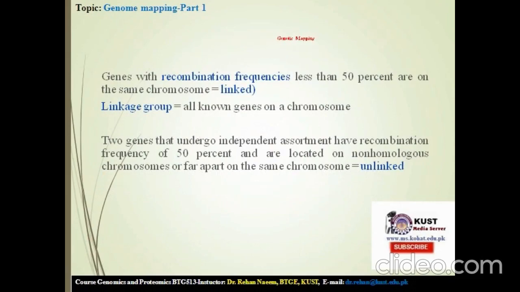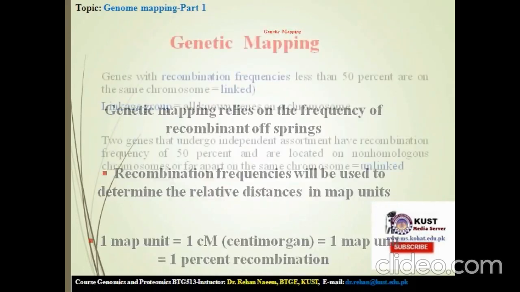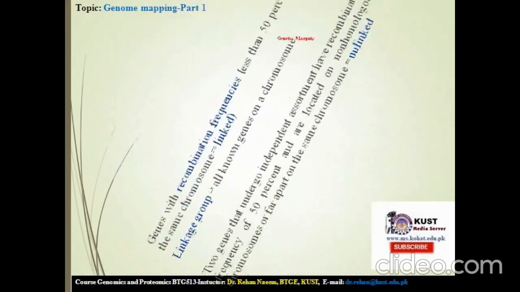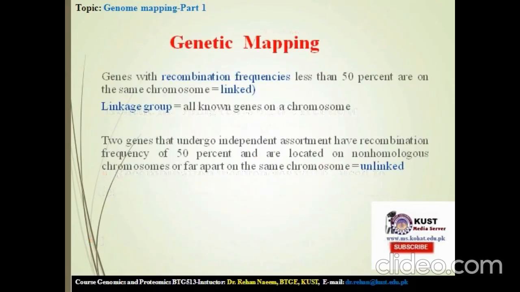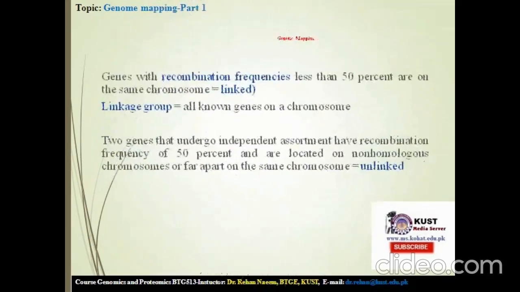As discussed earlier, genetic mapping relies on the recombination frequencies, and the recombination frequencies give us information about the relative distance between the genes in the form of map units. It also gives us information about the level of linkage, whether the genes are linked or unlinked.